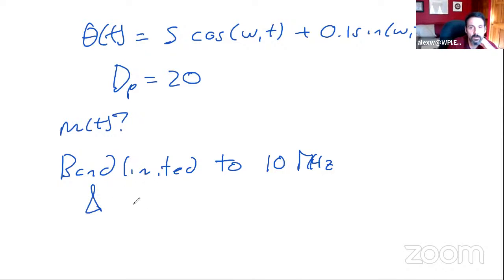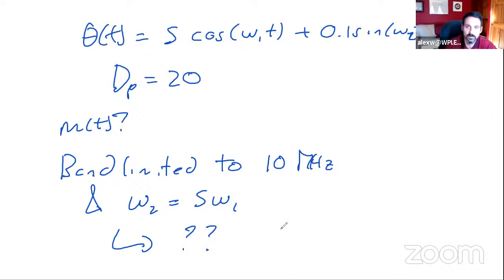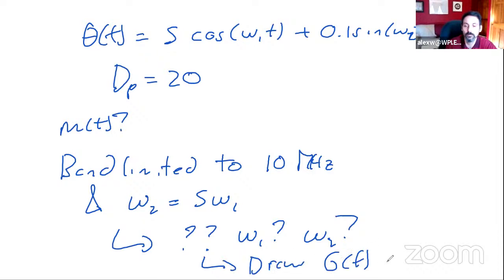At the same time, let's say omega 2 is 5 times as much as omega 1. The question would be: what are omega 1 and omega 2? And then more importantly, draw G of f and S of f. I'll leave that for all of you to solve.